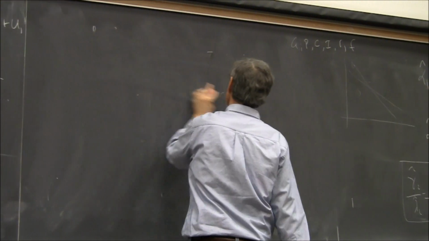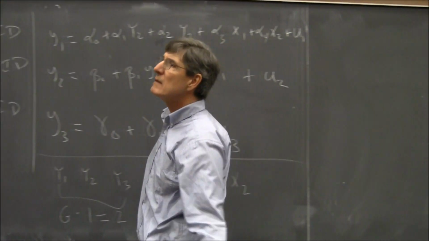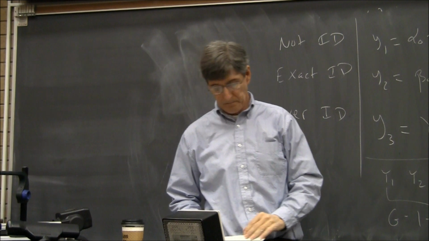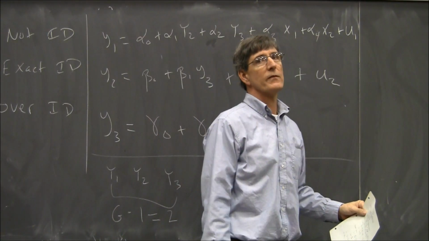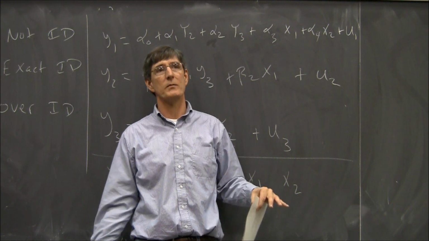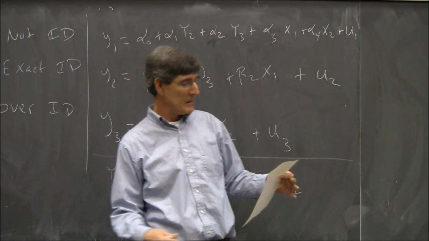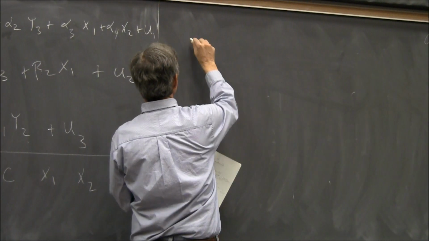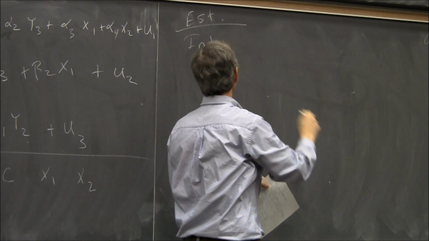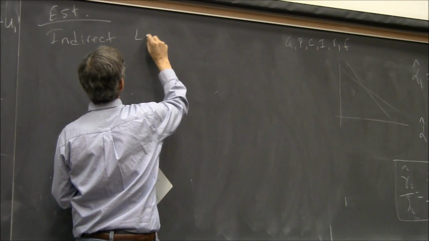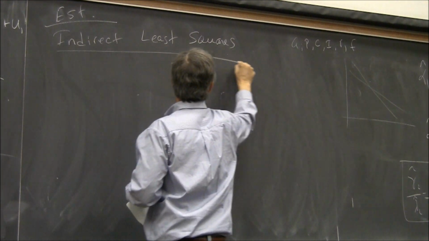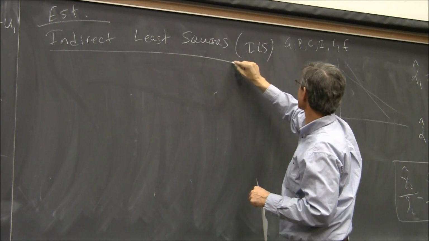Estimation. How do you estimate this? So we're first going to talk about indirect least squares. Then we're going to say we're not going to use indirect least squares, but it helps us understand two-stage least squares. So the first is what's called indirect estimation, ILS.